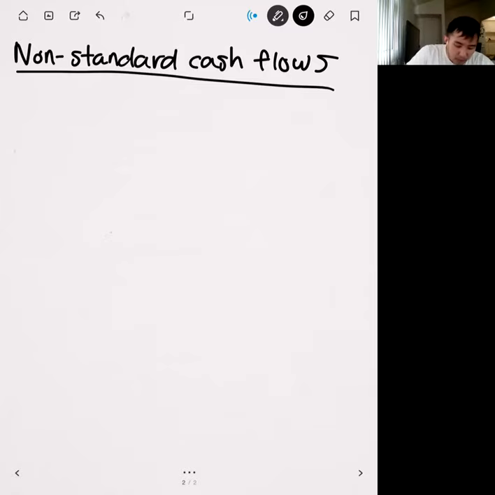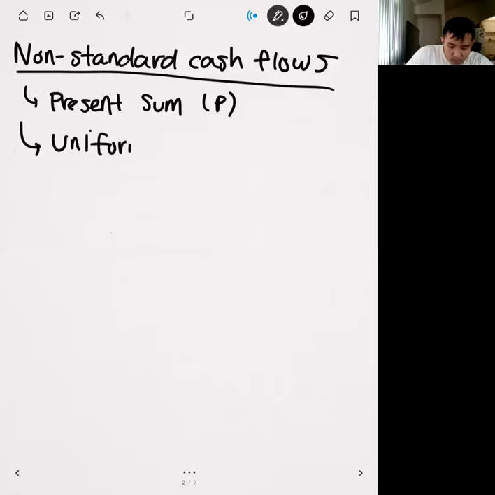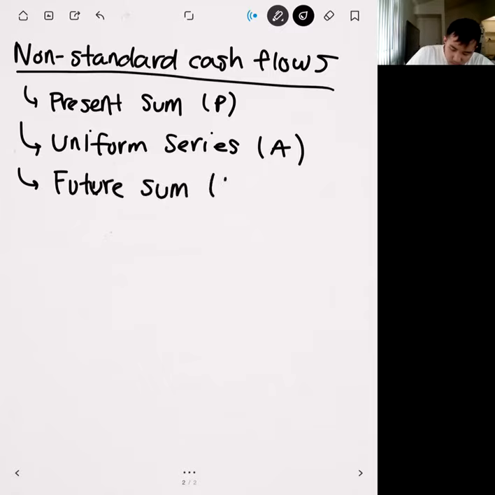Our usual forms, remember, are the present sum, which is P; the uniform series, which is A; the future sum, which is F; and the arithmetic gradient, which is G. The uniform series and present sum are probably the 2 we see the most.